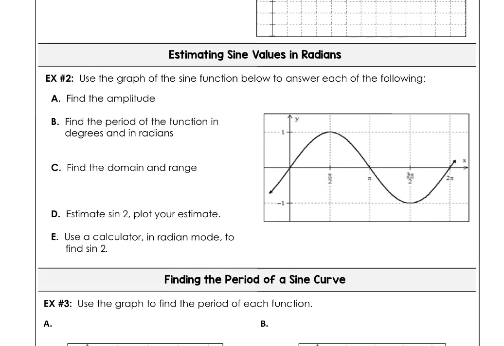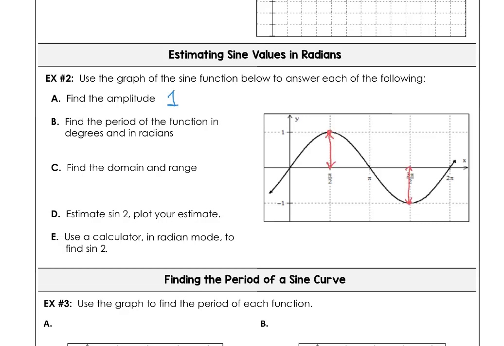For example 2, we're going to use the graph of the sine function to find the amplitude, and that's really simple. The amplitude is 1. You can tell between the midline, if this is my midline here, half the distance between the maximum and the minimum is 1, so our amplitude is 1.